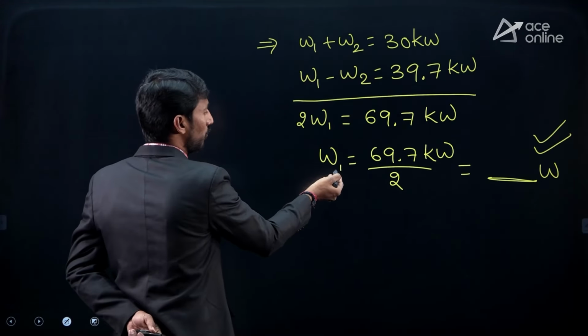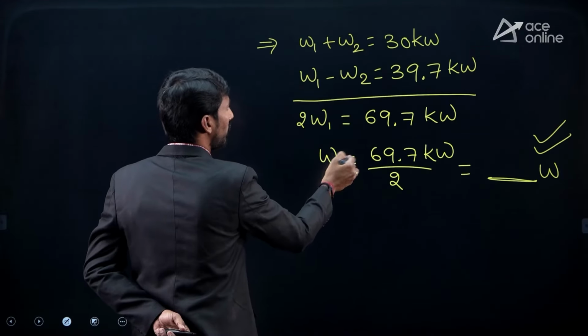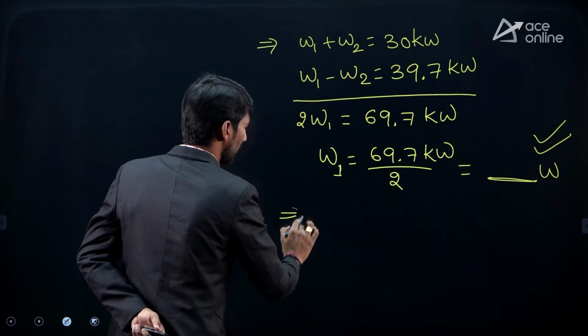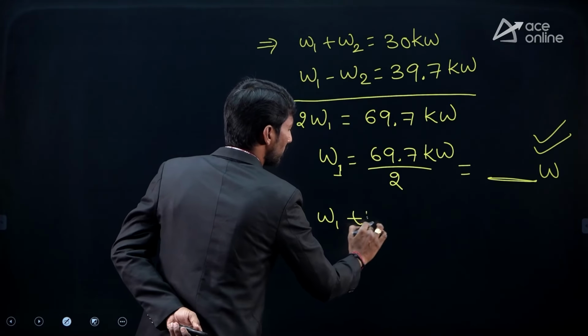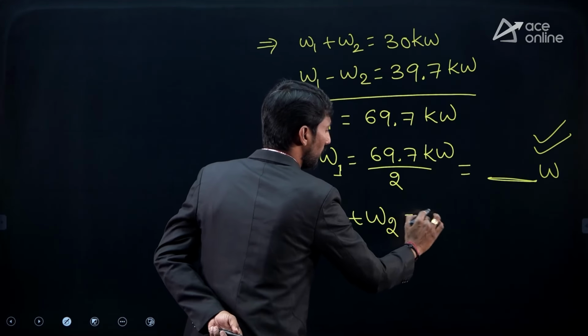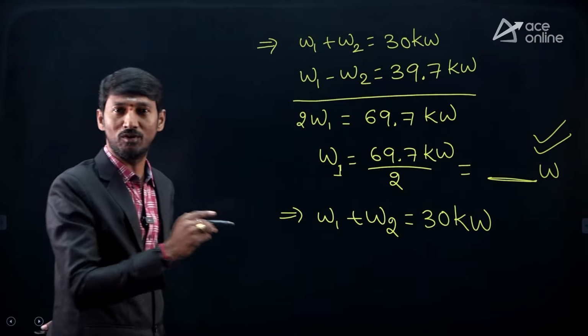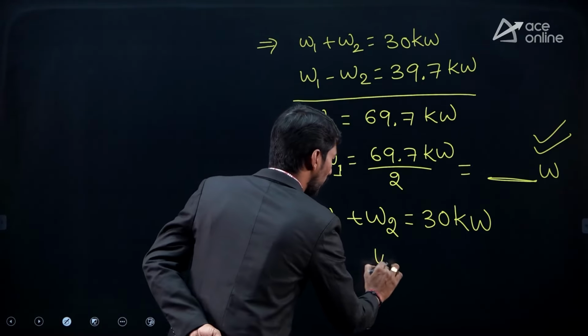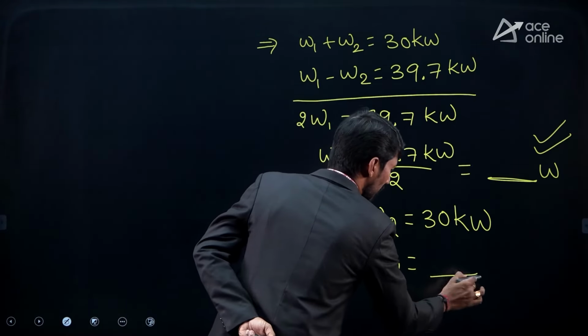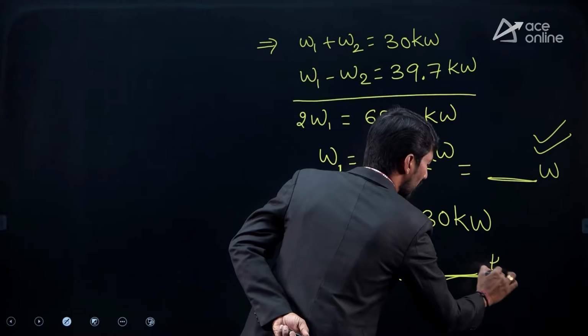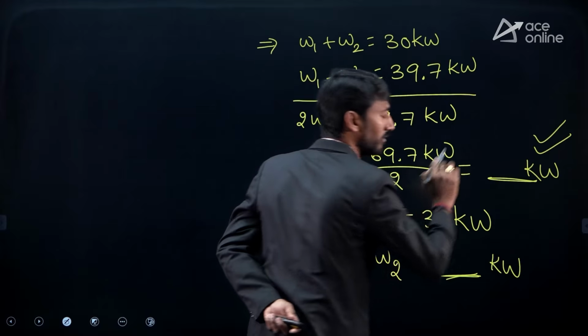Once you get W1, substitute W1 in the equation W1 plus W2 equal to 30 kilowatt. Therefore, W2 is equal to the corresponding power.